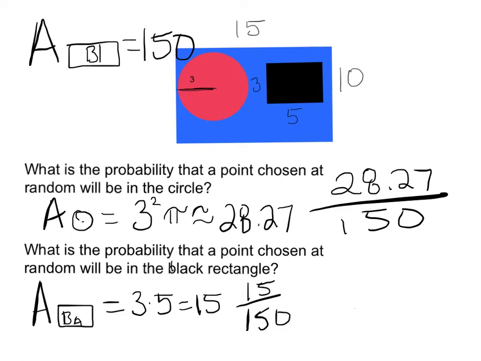That will give us 1/10, which means that it is a 10% chance that a point chosen at random will be in the black rectangle.